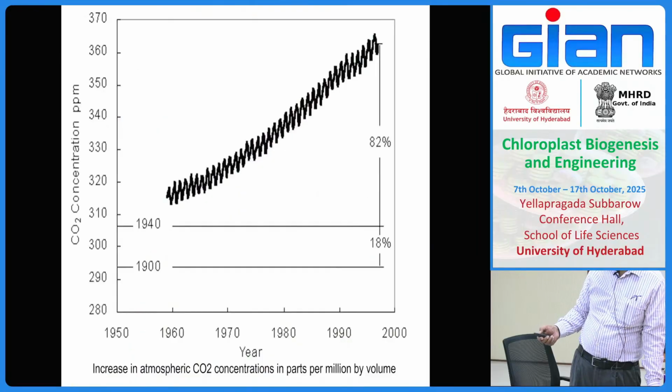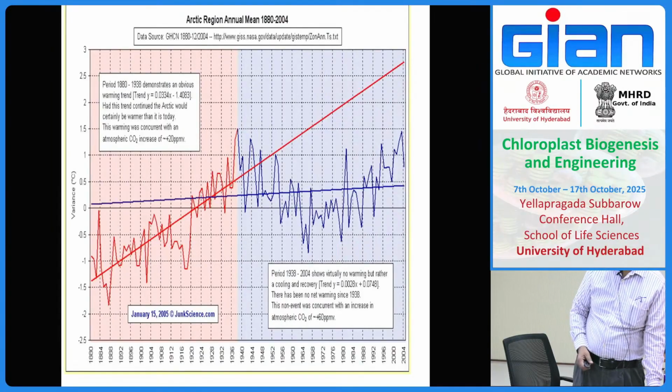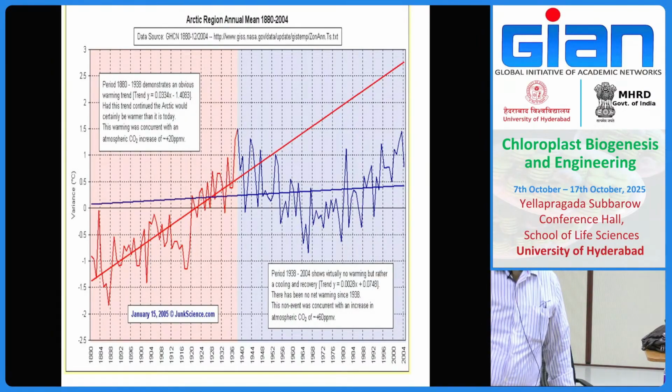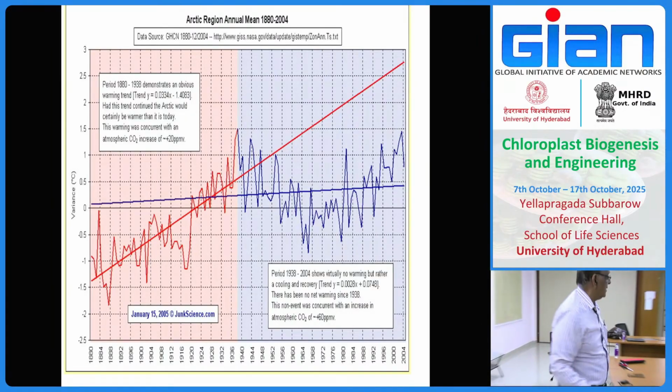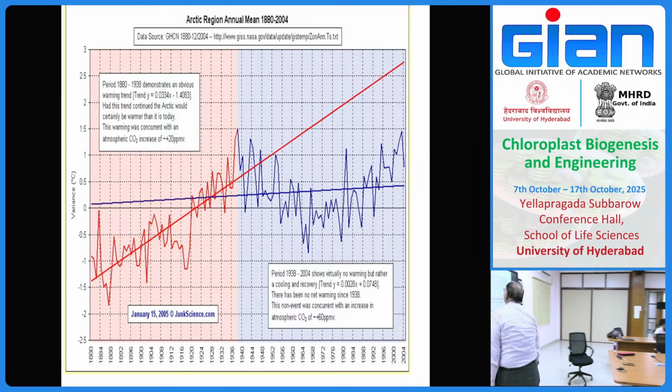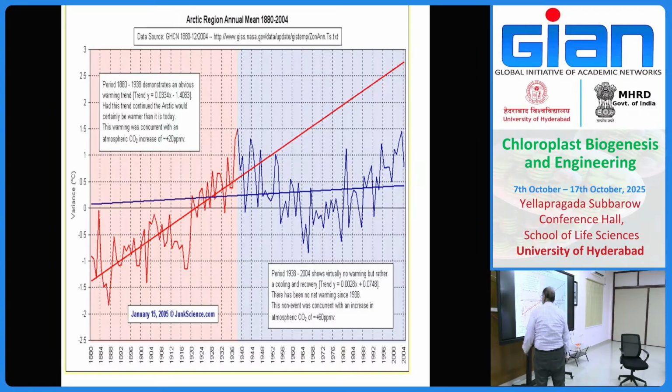Here it is. Here you see the Arctic region. What is the Arctic? The northern pole. The North Pole is the Arctic, right? This is the temperature measurement in the Arctic, measured by NASA from 1880. I have shown it to 2004, but the recent values are much higher. You can see the temperature constantly increasing here, right?